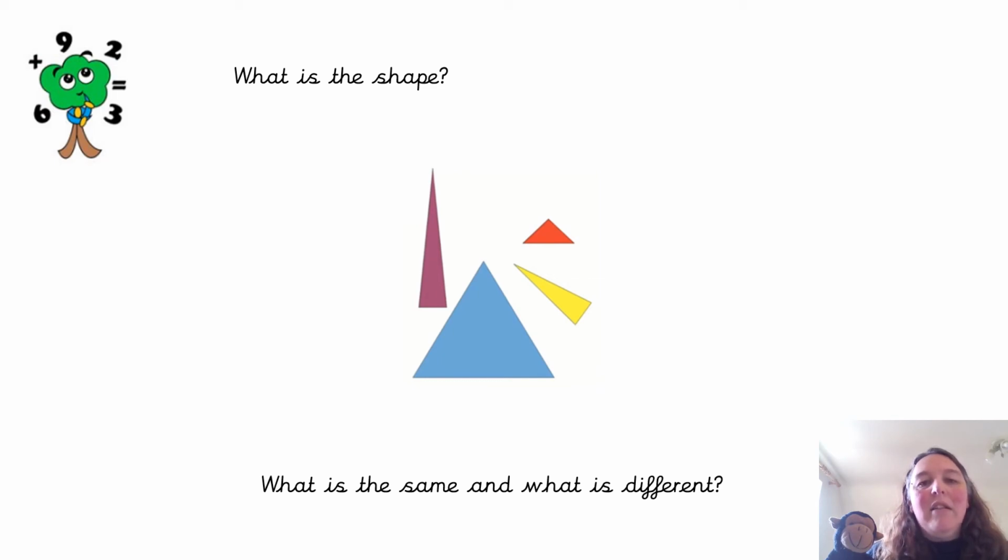How many vertices do they have? 1, 2, 3. Can you count that on them all? They all have 3 straight sides and 3 vertices. Did you get that for the similarities between the triangles?